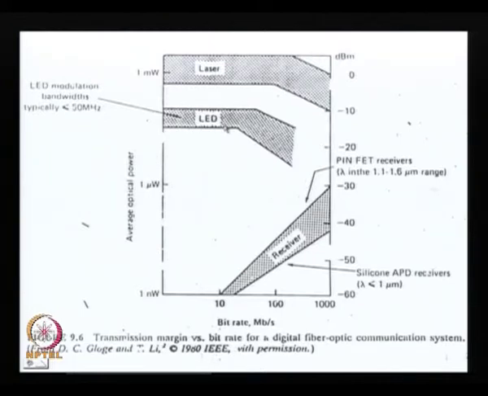Also, what we know from our earlier analysis is that this is the power which a laser has, but if you modulate this optical source, then the fluctuating component of light reduces as the frequency of modulation increases.